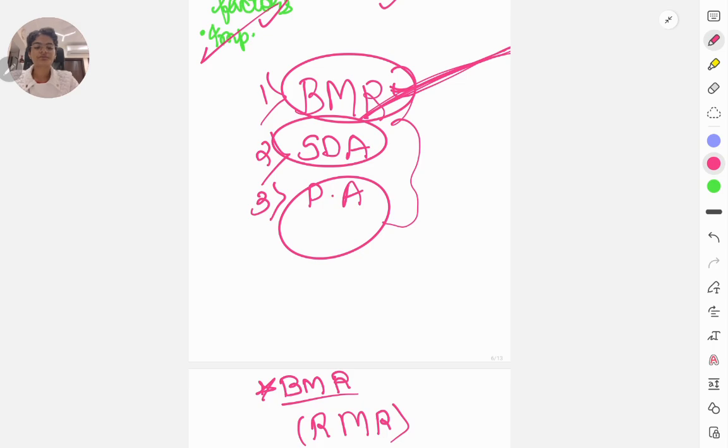And then we came to specific dynamic action. Specific dynamic action is the extra amount of heat generated by the body over and above the calorific value.